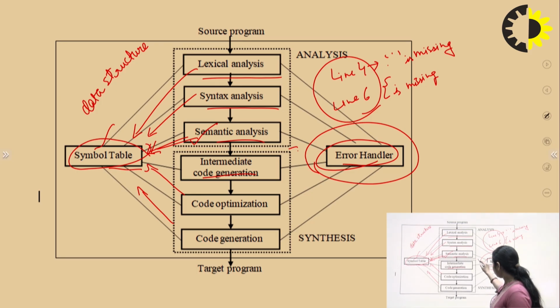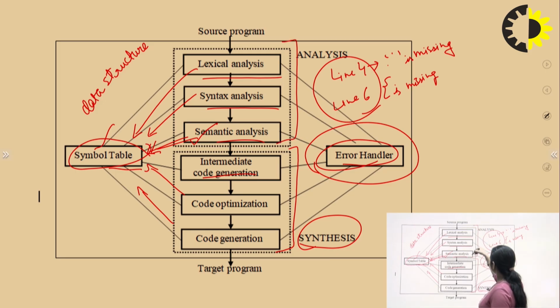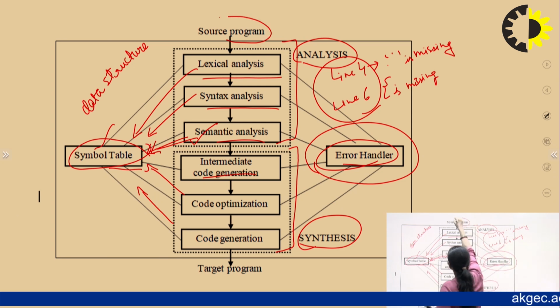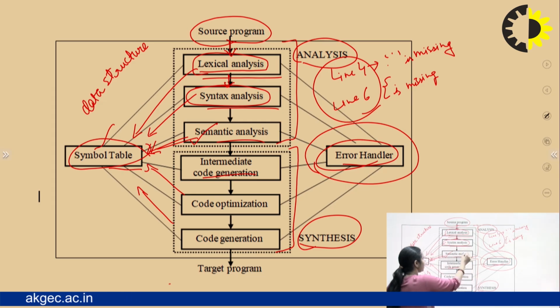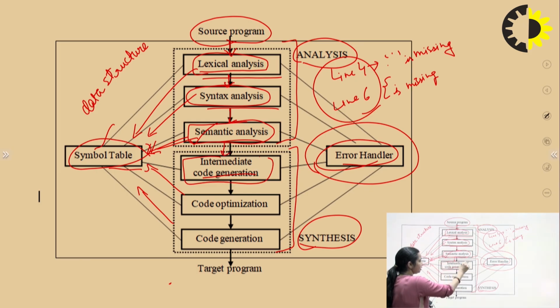You can see we have these 3 as the synthesis part and these 3 as the analysis part. You receive a source program, and what is the next step? You do the lexical analysis, I'll tell you what that is. Then you do the syntax analysis, then the semantic analysis, then the intermediate code generation, then code optimization, and after that code generation.